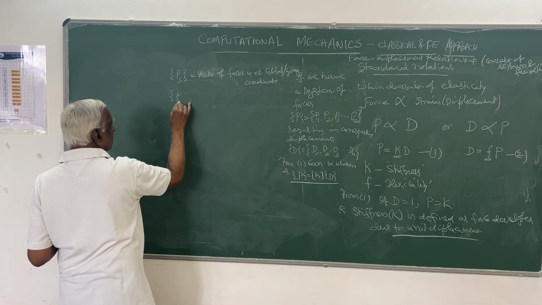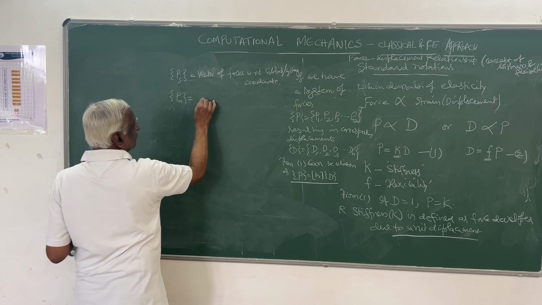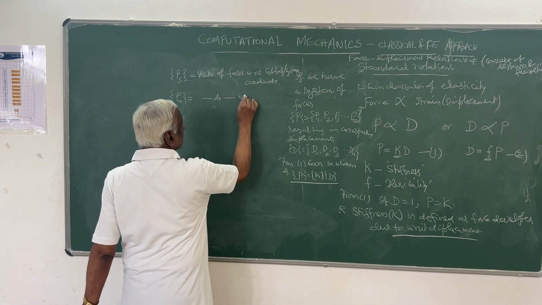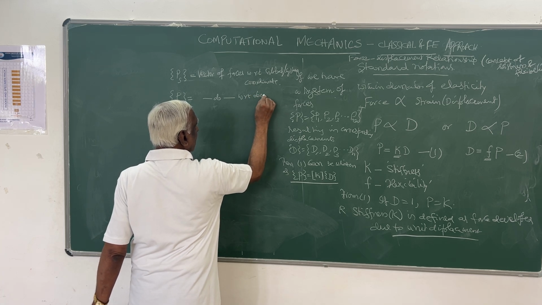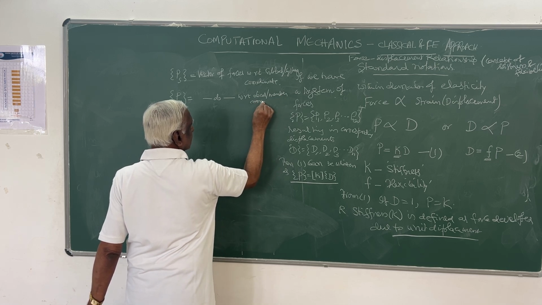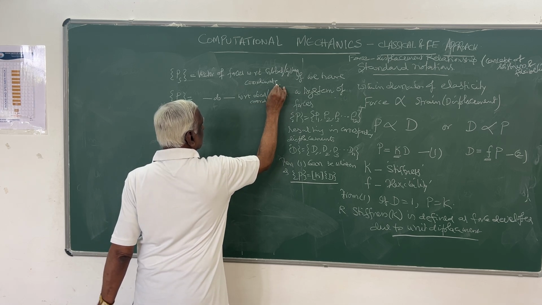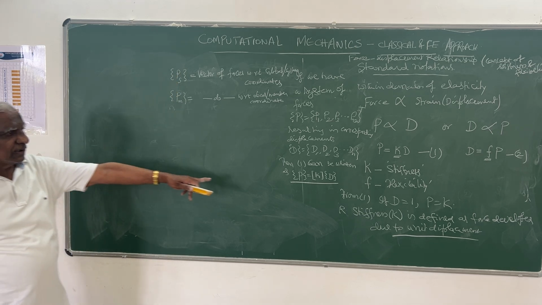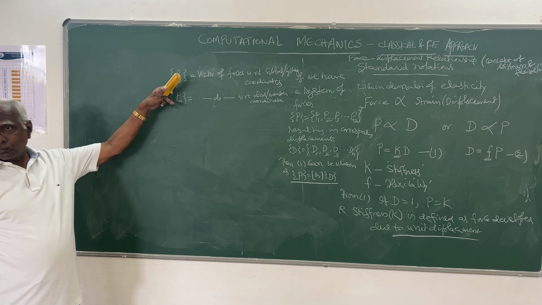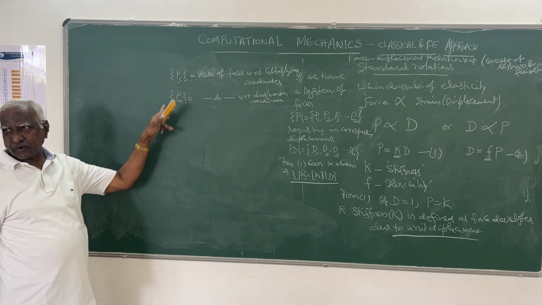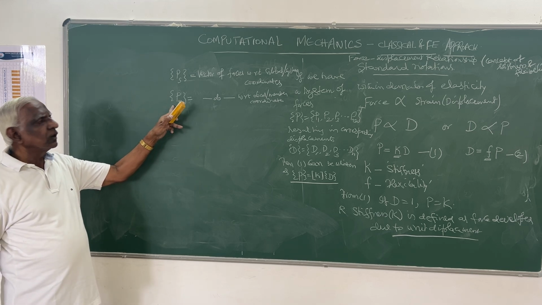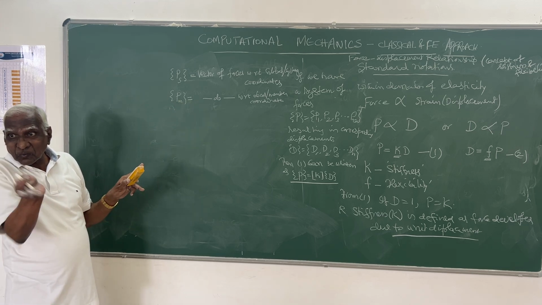Similarly, PM is vector of forces with respect to local or member coordinates. That's the notation. There are two types of P's. One is with respect to global system, another local. PS is always for global forces, PM for member, local coordinate forces.